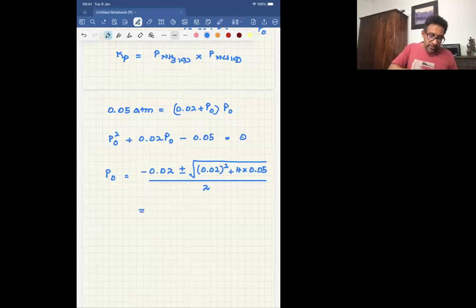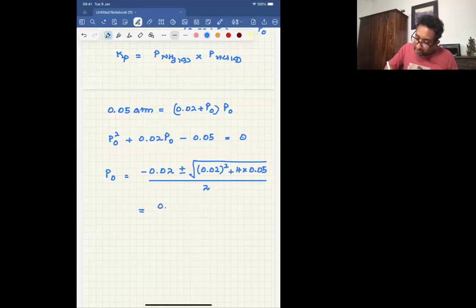Then 0.02 squared plus 4 times 0.05, square root of this, minus 0.02, divided by 2.